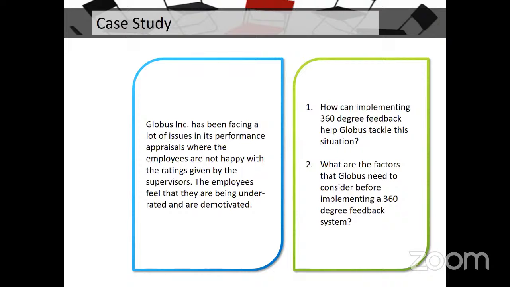This will prevent someone being surprised at the end of the appraisal period by their ratings. If it's taken as a continuous process, they should know where they're doing well and where they need to improve before the end of the appraisal period. That will ensure they feel part and parcel of the process as it goes along.